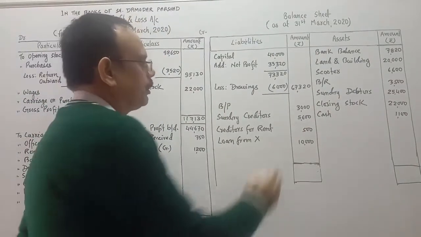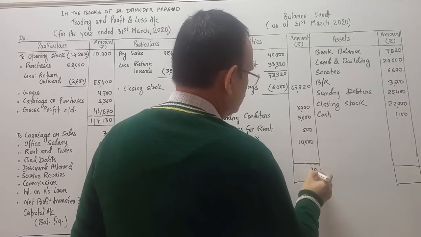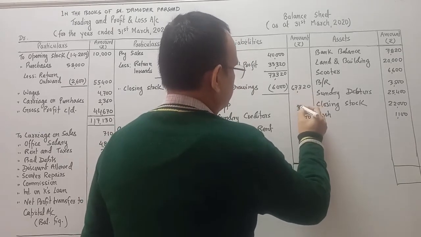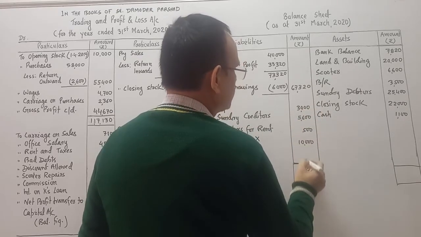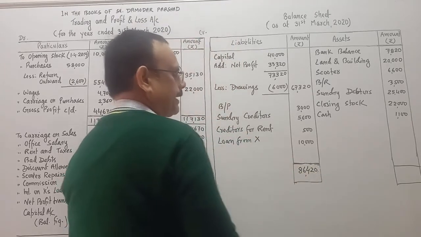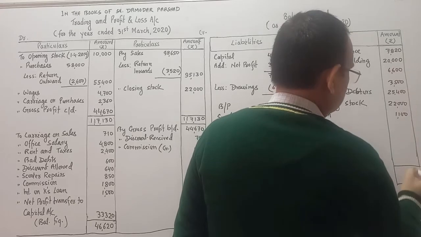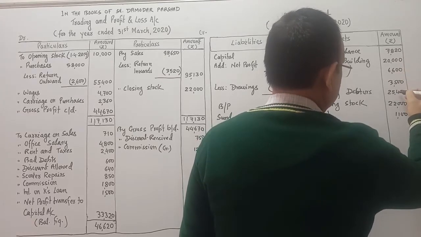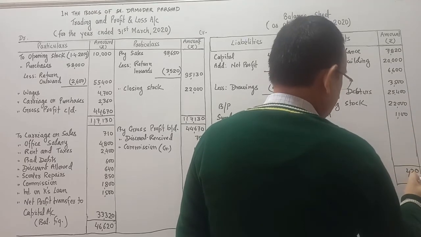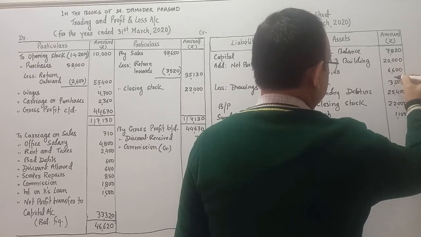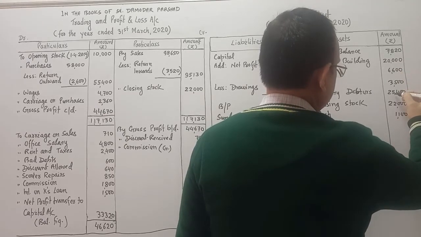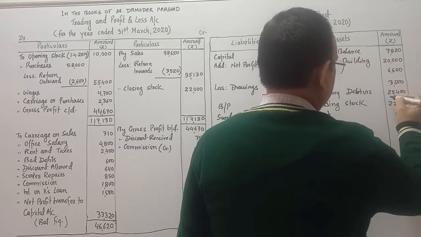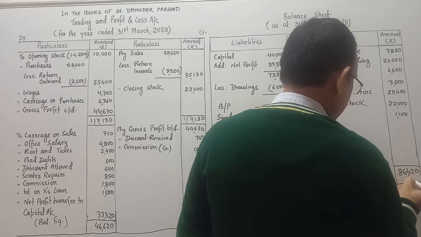Now we will do the total of both sides. The total of this side is 86,420. Now adding the other side, the total is also 86,420.